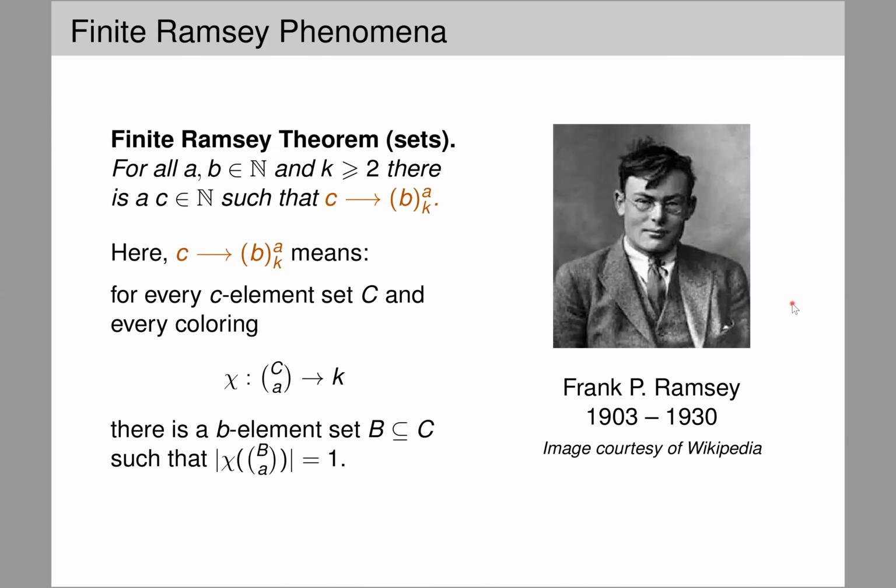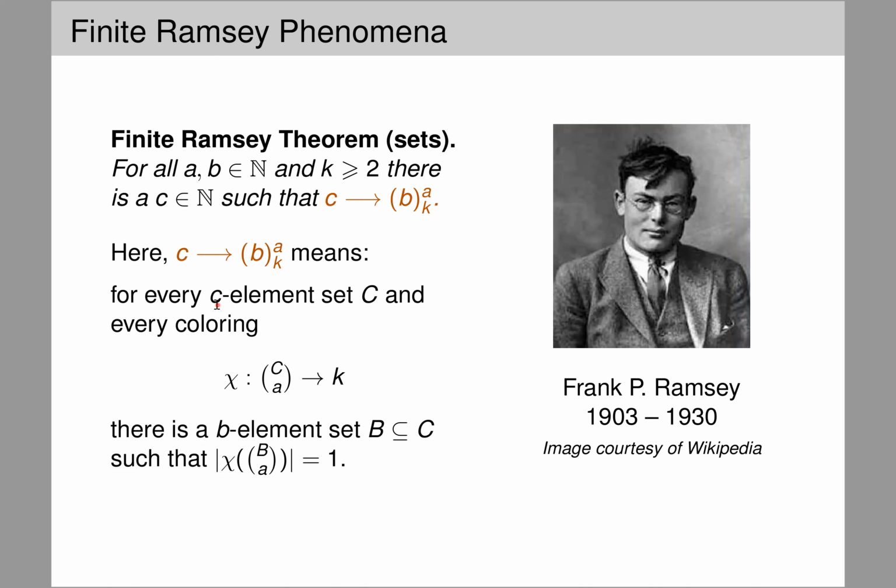So let's start with the classical result, which is known as the finite Ramsey theorem for sets at the moment. This is nowadays high school mathematics, and basically what it tells us is that for every natural number a and b, and every number of colors k, there is a natural number c such that c is Ramsey for b, a, and k, and this arrow has the following meaning.